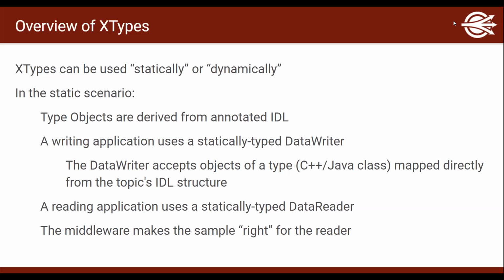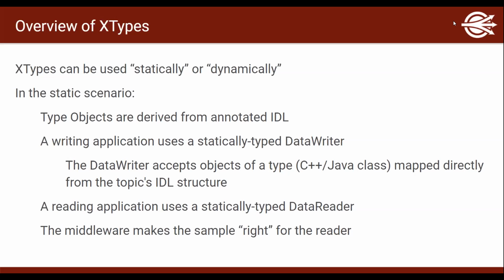Underneath, what's happening when there is a discrepancy is that the middleware is going to make the sample right for the reader. So if there are additional fields or fields that need to be defaulted, the middleware takes that responsibility, so that by the time it gets to the actual static data reader, the sample is using the locally defined type as opposed to the type that was originally used by the writer.